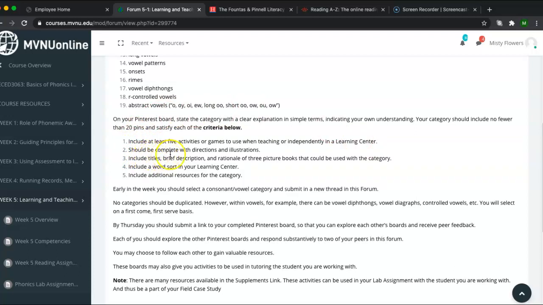These should be complete with directions and illustrations. Include titles, brief descriptions, and rationale of 3 picture books that could be used in your category. You need to include a word sort in your learning center and include additional resources for this category.